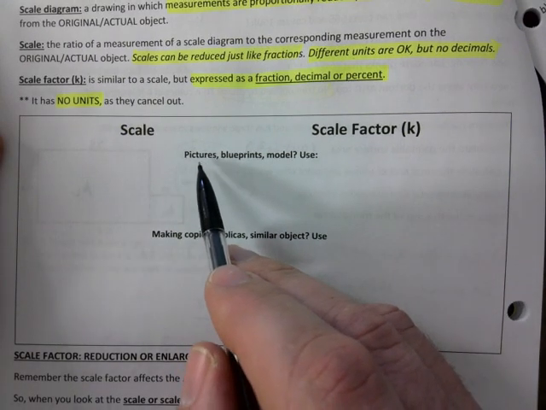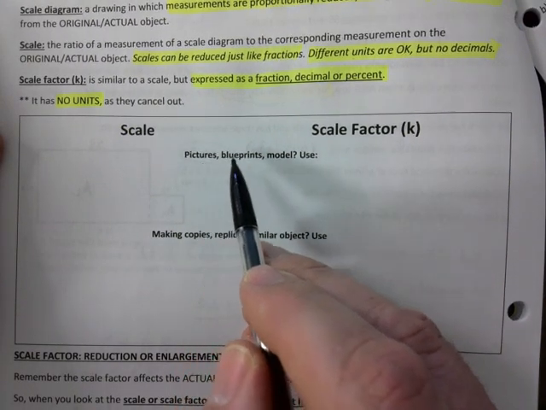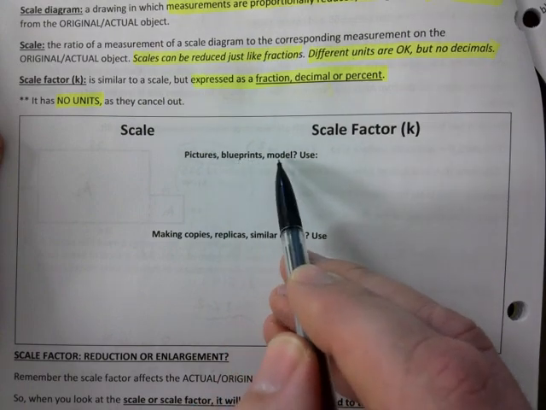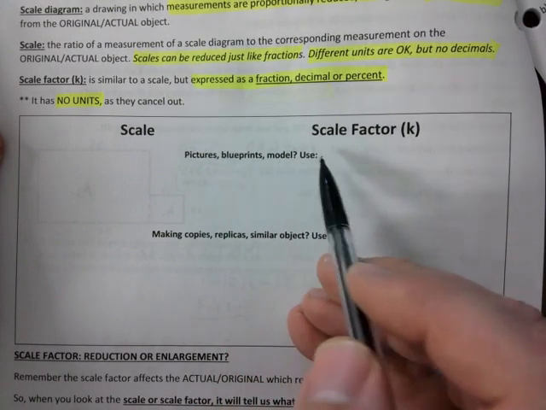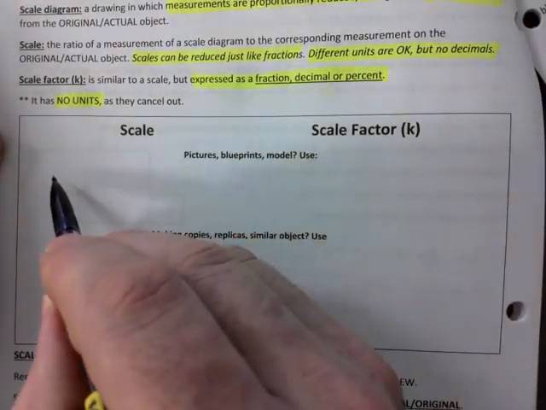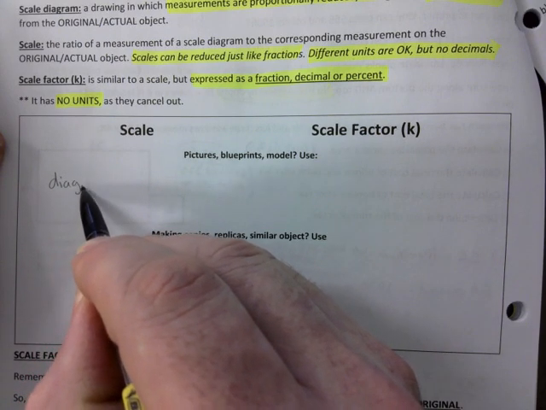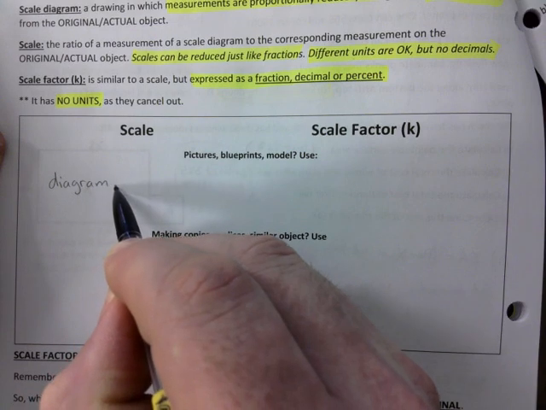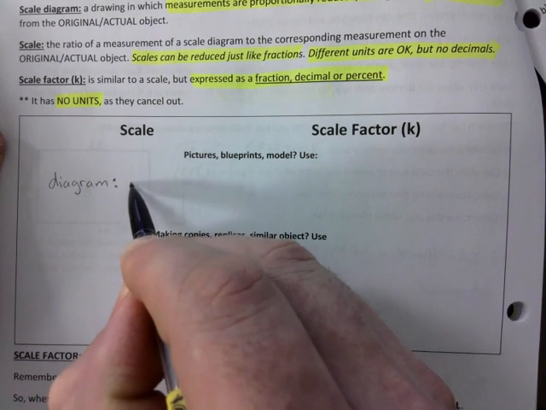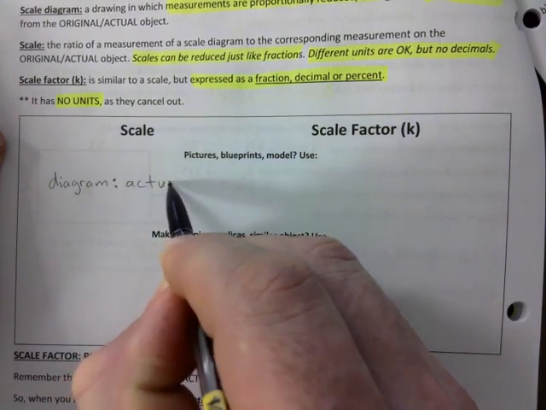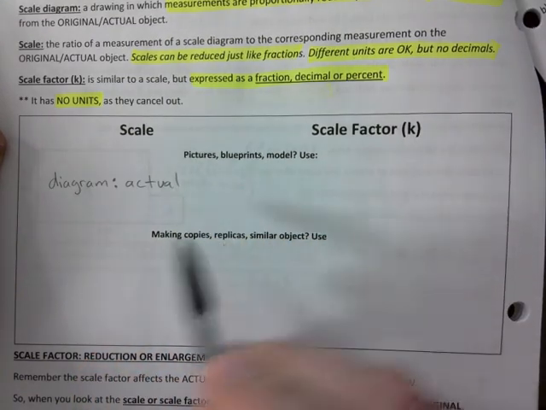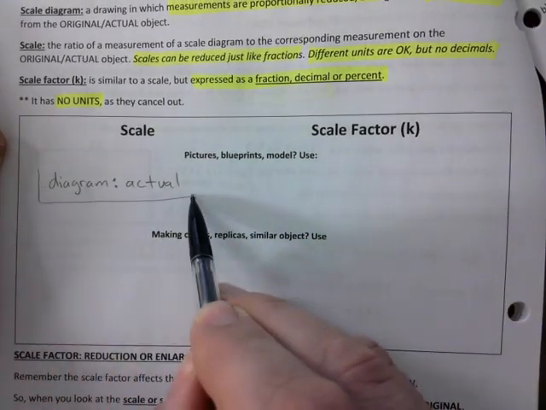If we're dealing with pictures, blueprints, making a model of something, we use this. So for scale, we would use diagram, and we would compare it to the actual. Diagram actual.